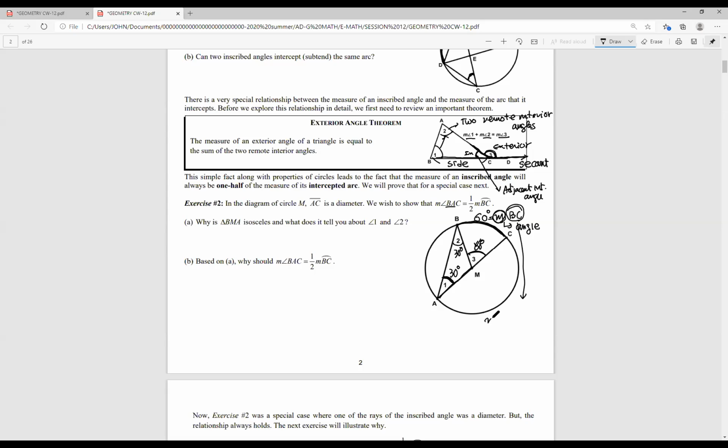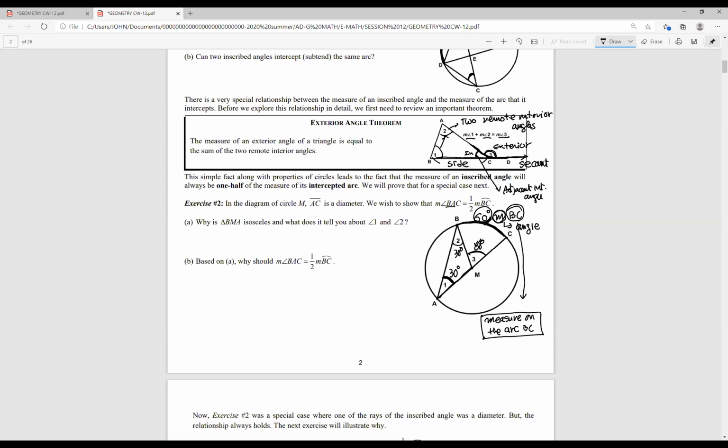It is the measure of the angle on the arc BC. So if we have an angle over here, that means the center angle.